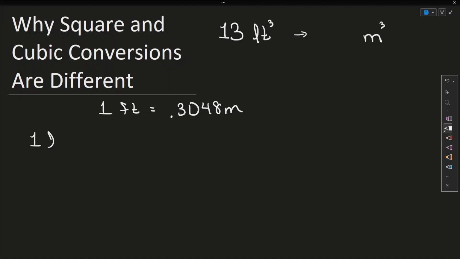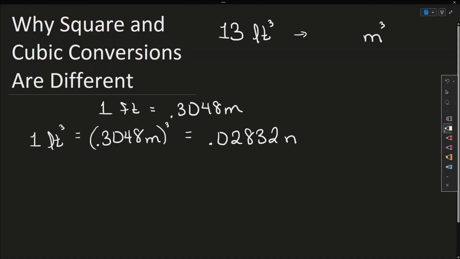But this is cubic feet. So 1 cubic foot is 0.3048 meters cubed. We basically just cube both sides of this equation. This is about 0.02832 cubic meters.